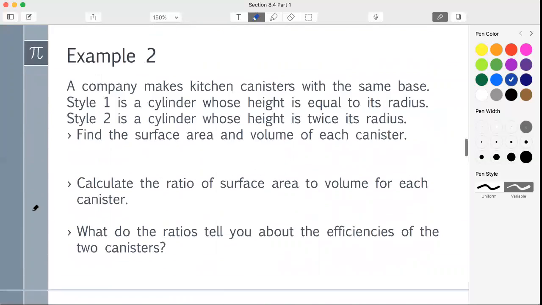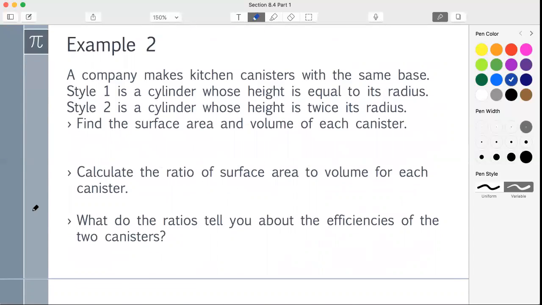So example 2, a company makes kitchen canisters with the same base. Style 1 is a cylinder whose height is equal to its radius, and style 2 is a cylinder whose height is twice the radius. So for the first part, I want you to find the surface area and volume of each canister. All right, so for style number 1, the surface area is equal to 4 pi r squared.